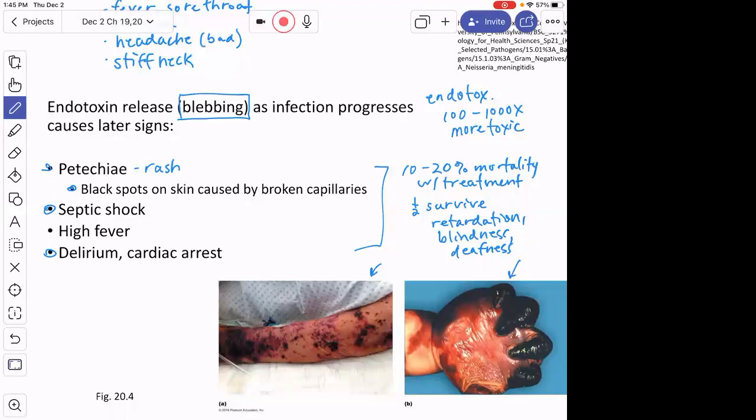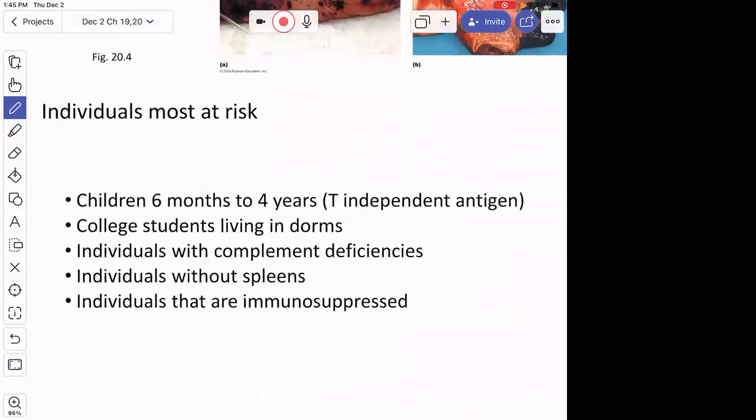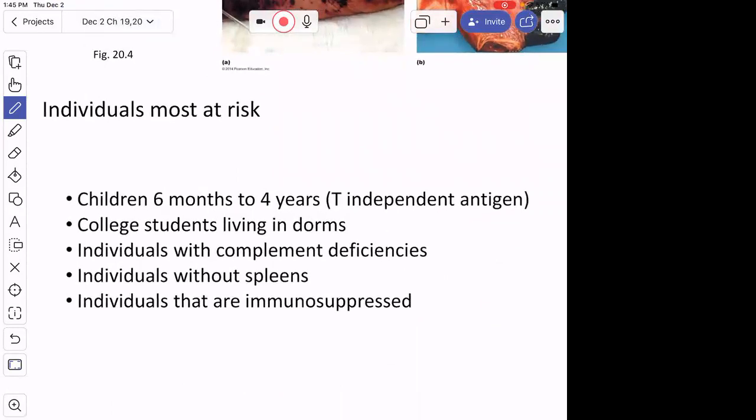Okay, who's at risk? Young children, especially children between 6 months and 4 years. Children younger than 6 months have some IgG antibodies from their mother. That starts to wane and they're pretty much gone by about 6 months. This is a T-independent antigen.